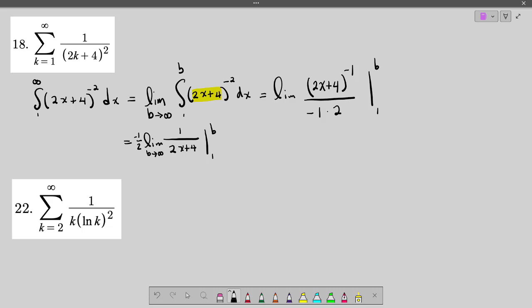So we've got the -1/2 out in front. We still have limit as b goes to infinity. And let's see, we're going to have 1 divided by 2b plus 4 minus, plugging in a 1, I see 1/6.